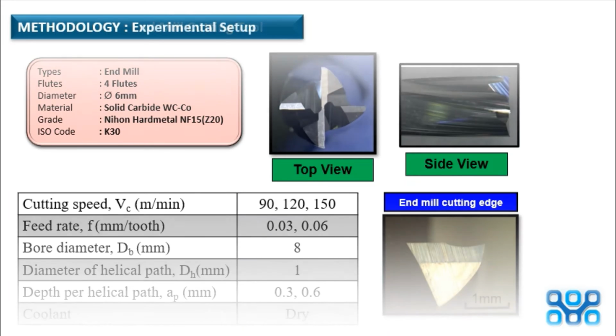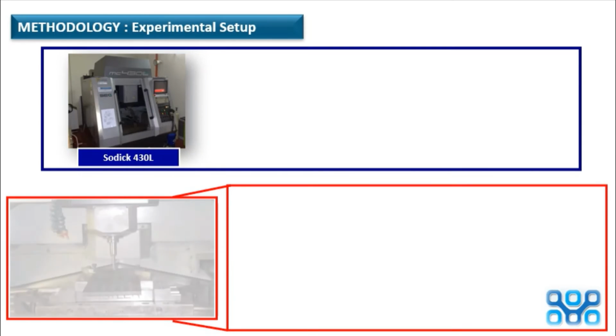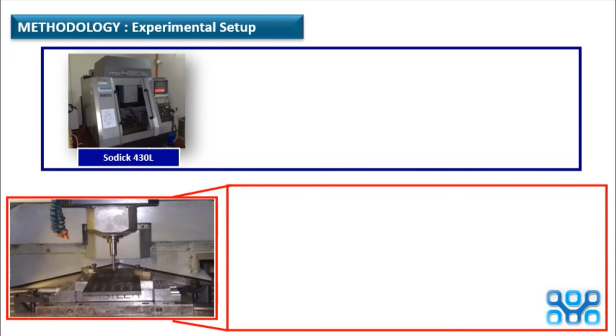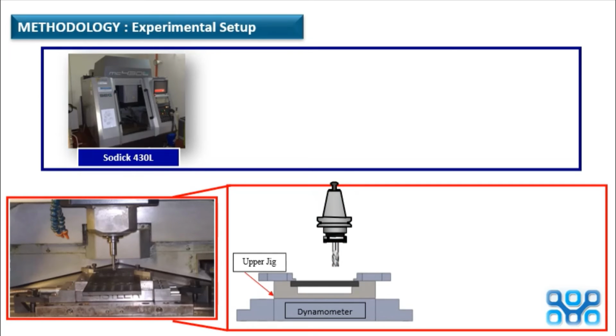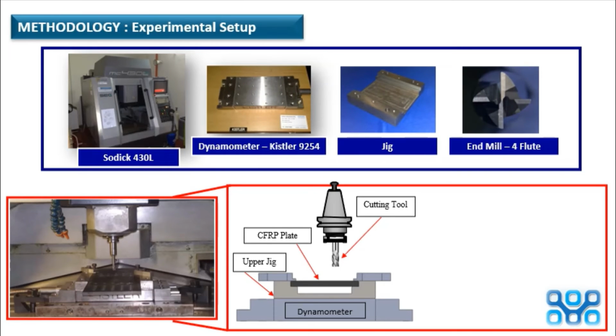For the experimental setup, you can see the machine used is Solid 430L, and below the picture is how the workpiece is set up in the machine. We will be using the Kistler 9250 dynamometer.